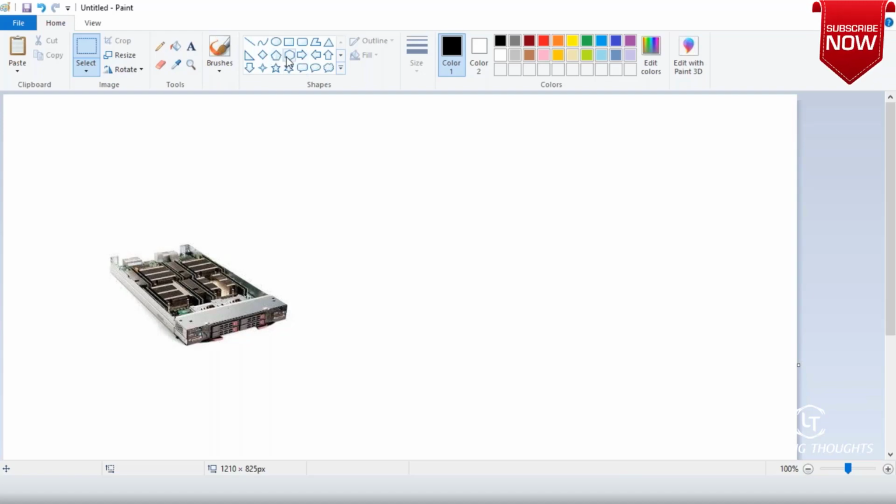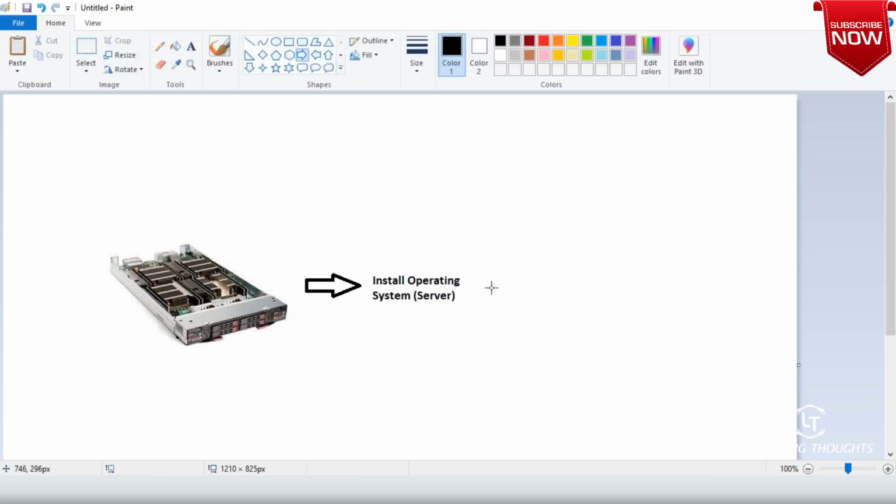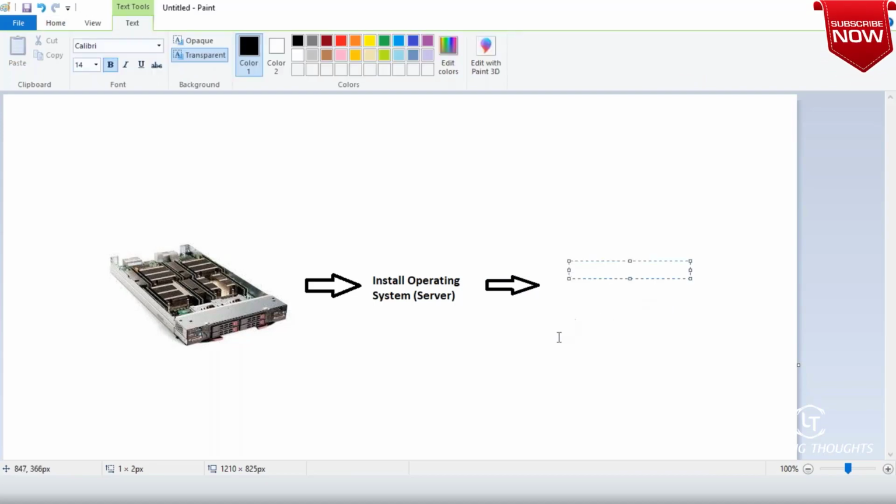Let me do this. First, you will take a physical server, and then you will install an operating system. Or to be very specific, you will be installing a server operating system, and then you will be running your applications.